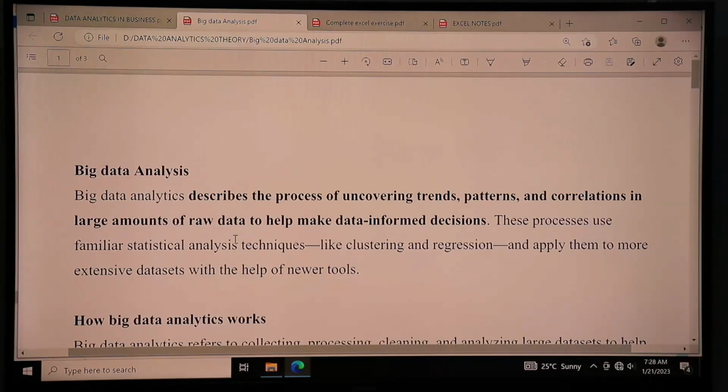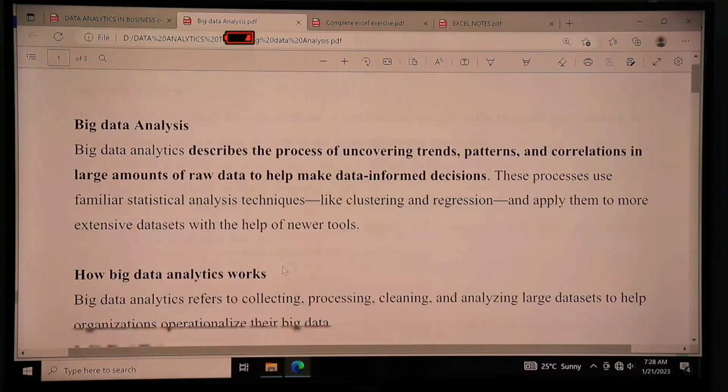This process uses familiar statistical analysis techniques like clustering and regression, and applies them to denser data sets with newer tools.